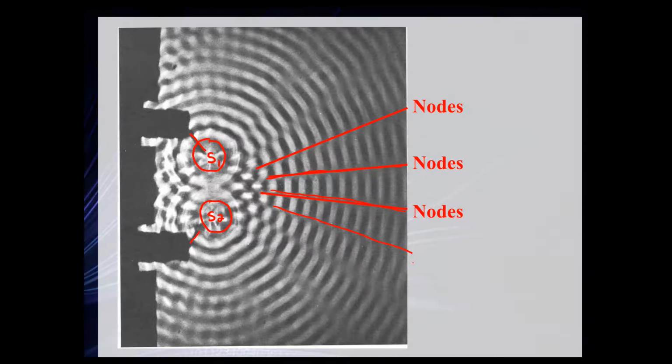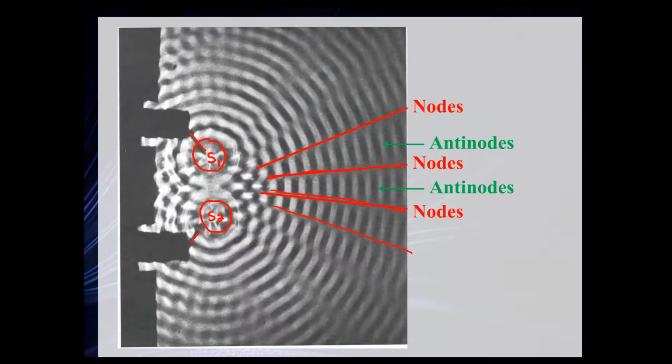Now, halfway in between, you get your antinodes. Node means nothing, and antinodes means areas of maximum amplification. So if I follow one of these green lines, I'll do a green line here, exactly halfway in between two adjacent nodes, we might get this.